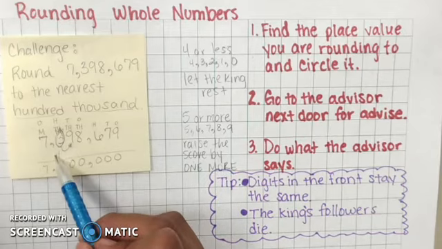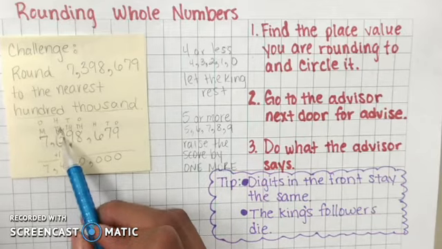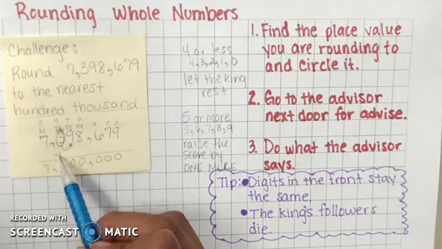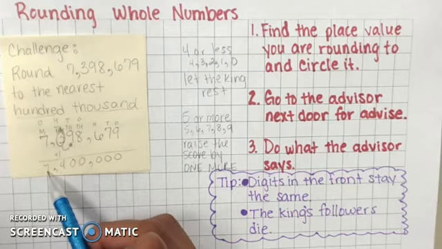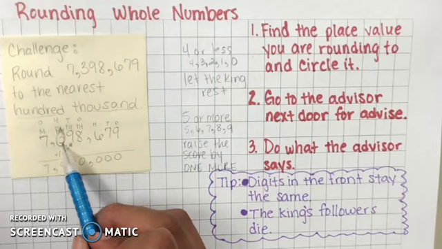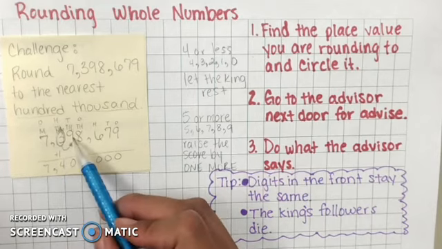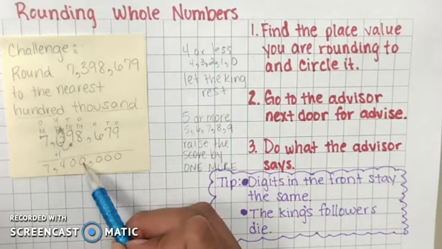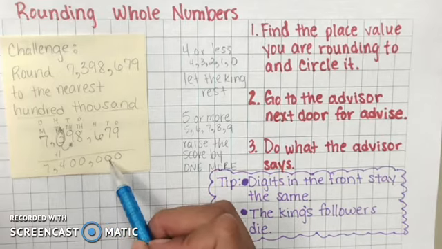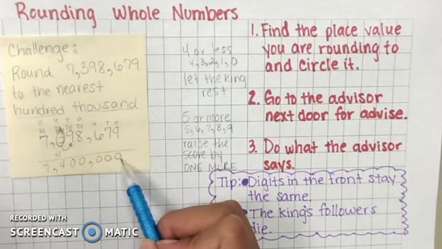So to my king, I'm going to add 1 more here. So 3 plus 1 is 4. And I know everyone in front of the king stays the same, so this 7 stays the same. Everyone behind the king dies, so the 9 turns into a 0, 8 is a 0, 6 is a 0, 7 is a 0, and 9 is a 0.